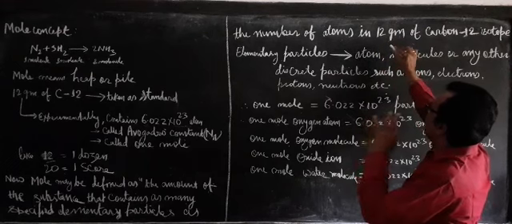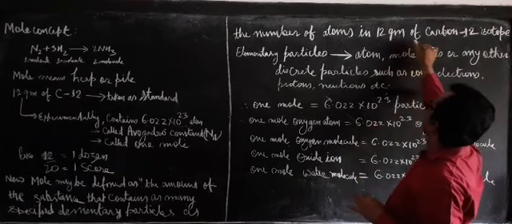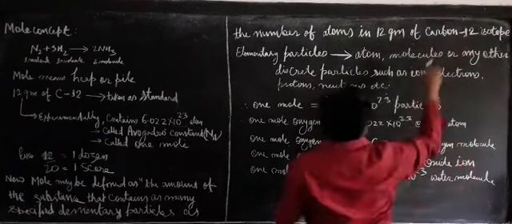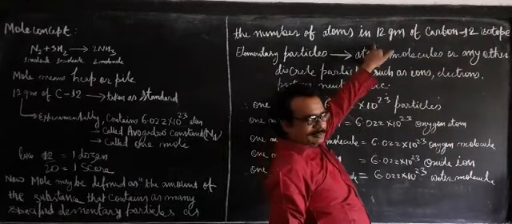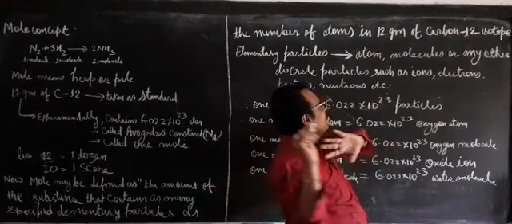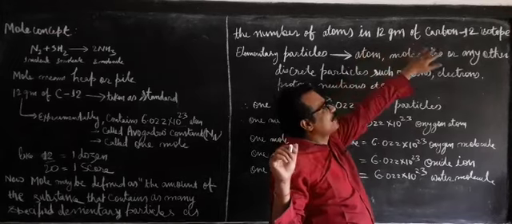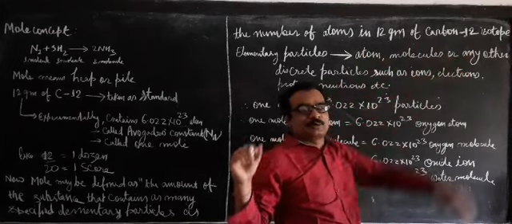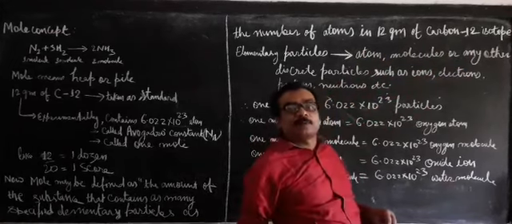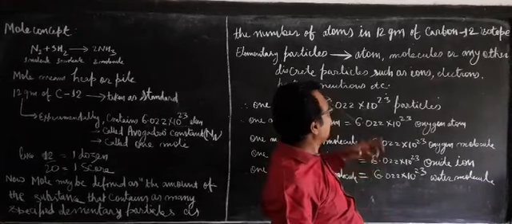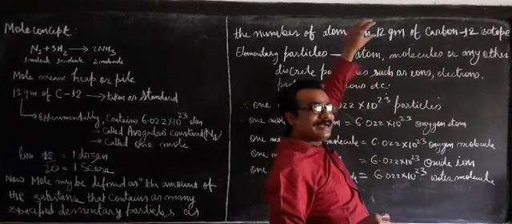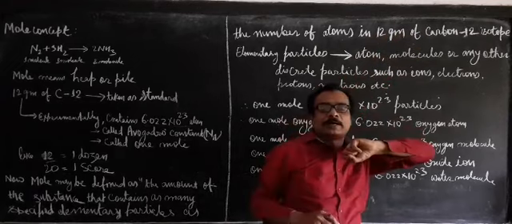Whatever the number of atoms is there in 12 gram of carbon-12 isotopes, we have just experimentally found out that it contains 6.022 into 10 power 23 particles or atoms. So that much number is known as 1 mole.